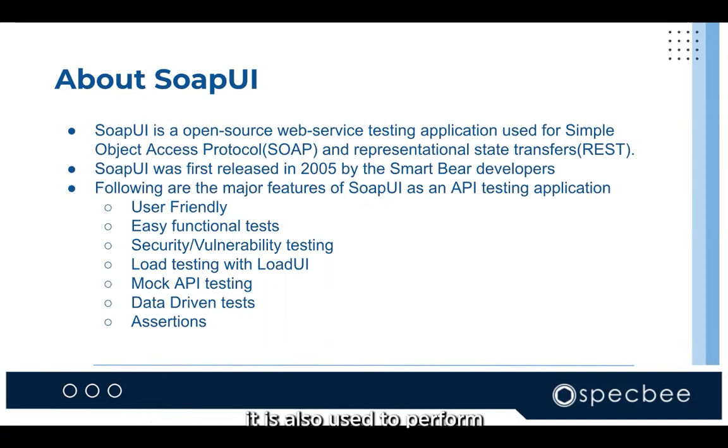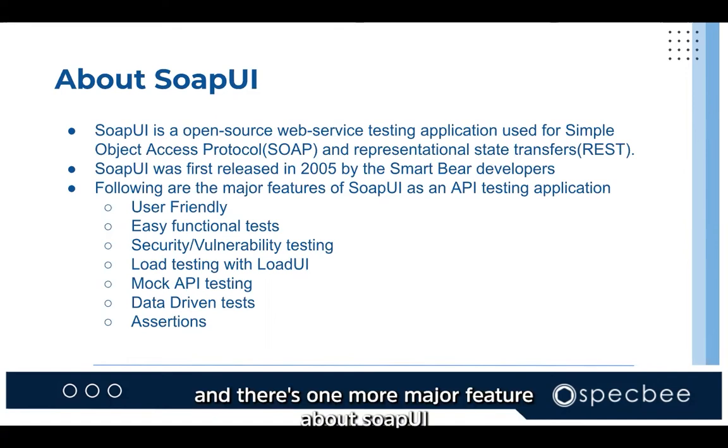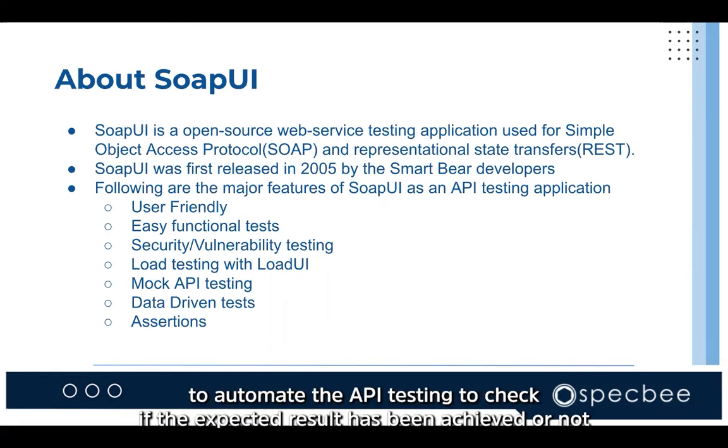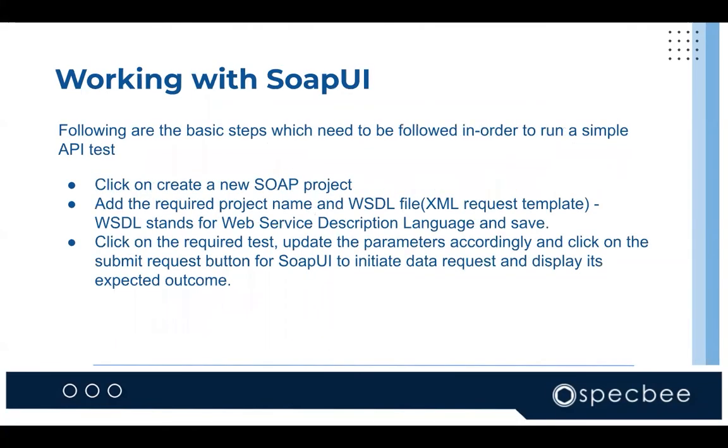It is also used to perform security testing, load testing, and mock API testing. There's one more major feature in SoapUI, wherein you can have assertions on the result set that you get, to automate the API testing and check if the expected result has been achieved or not.